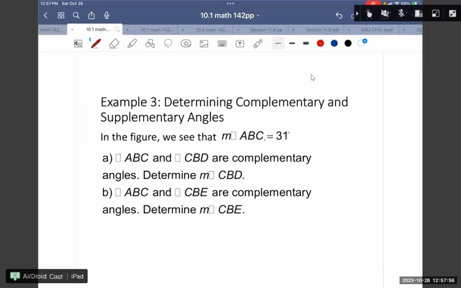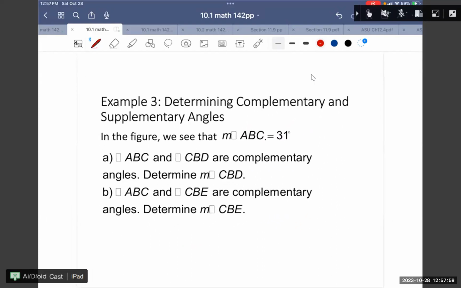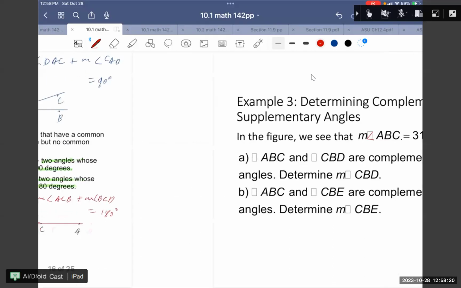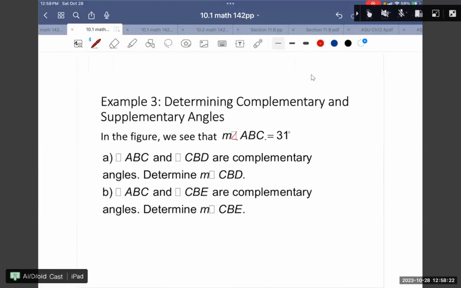So example 3. In the figure, we see the measure of angle 31. So we have this angle, and we have to draw the angle.